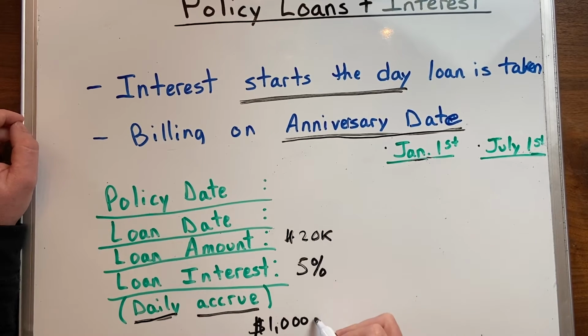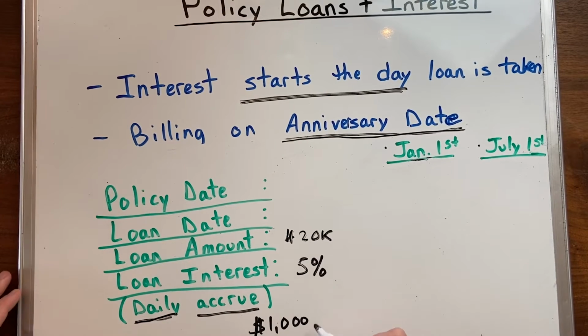So what we would want to do to calculate that is divide this by 365 days in a year because it accrues at a daily rate. So that's going to be about $2.74 per day if we were to not make any payments against that loan.